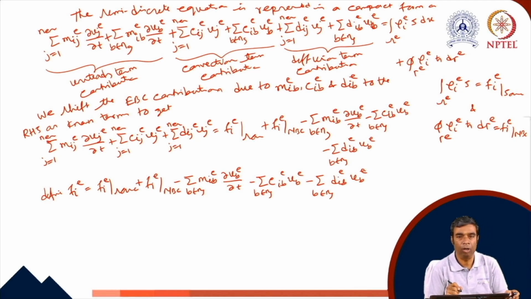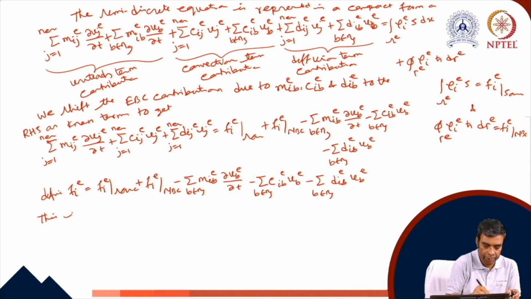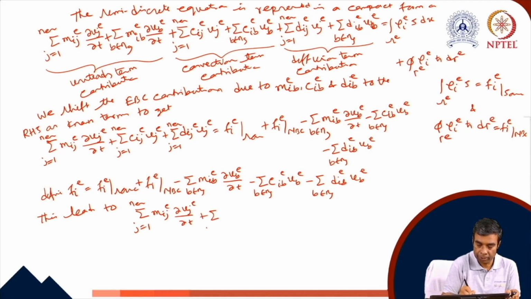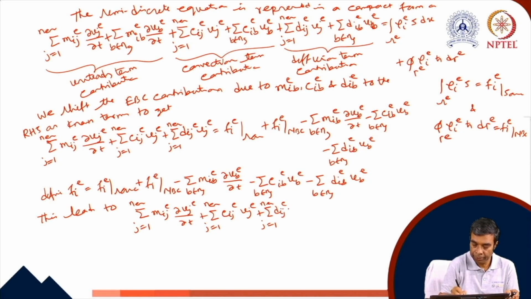With this definition of all the known terms, the semi-discrete form gets its even simplified compact form. This leads to summation over j equals to 1 to nen mij del uj del t plus summation over j equals to 1 to nen cij uj plus summation over j equals to 1 to nen dij uj equals to fie.